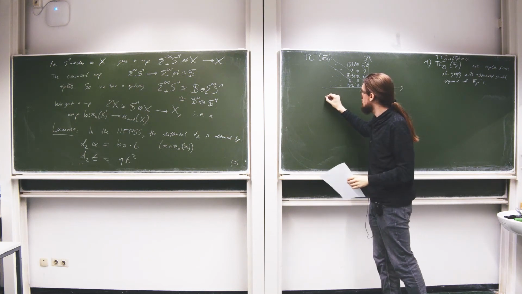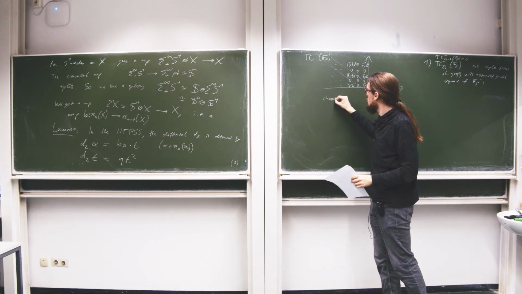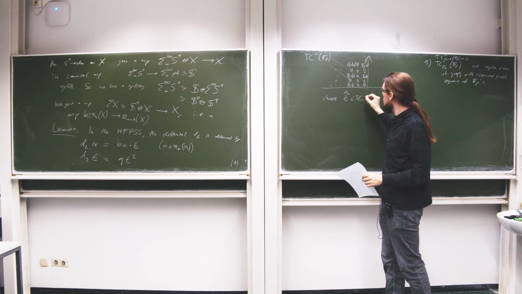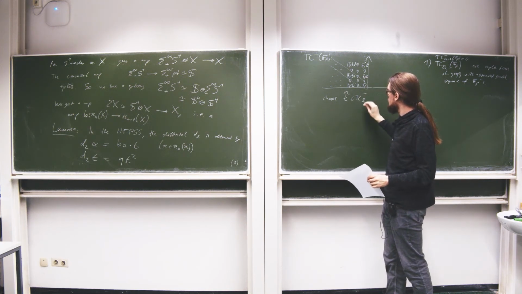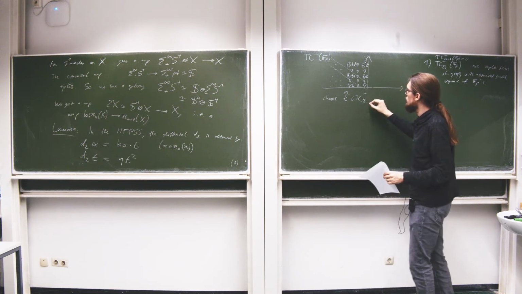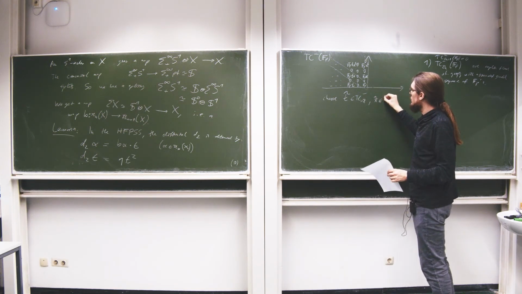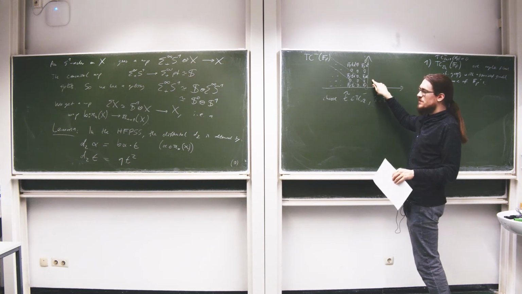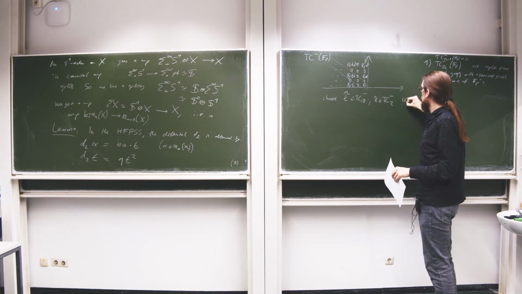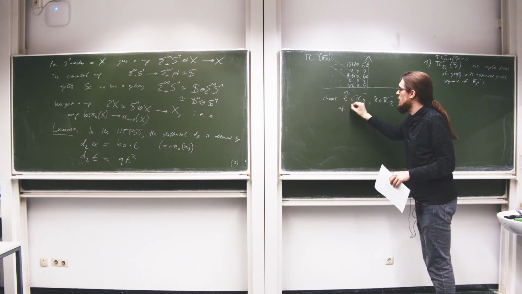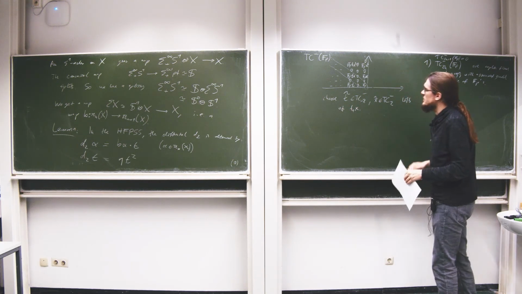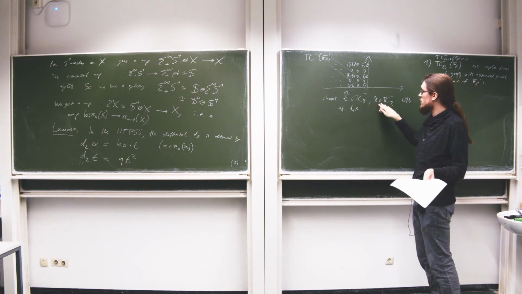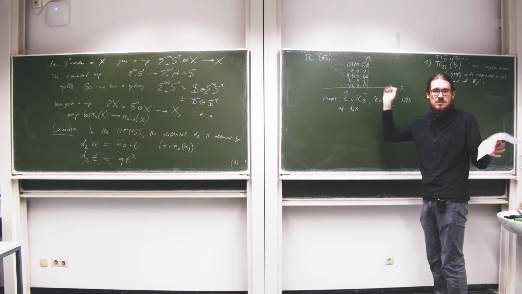So we choose T tilde in TC minus in degree minus 2 and X tilde in TC minus in degree 2, lifts of these elements T and X. It's something we can do, but it's non-canonical. There's many ways to do that. We just pick some of them.